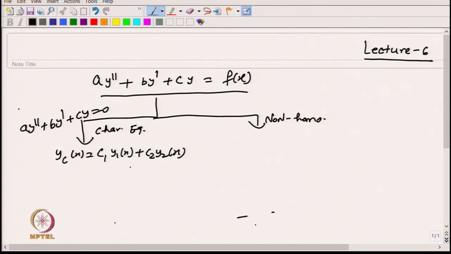So, this is the homogeneous part, and now we are going to find the particular solution, which we represent by yp(x).